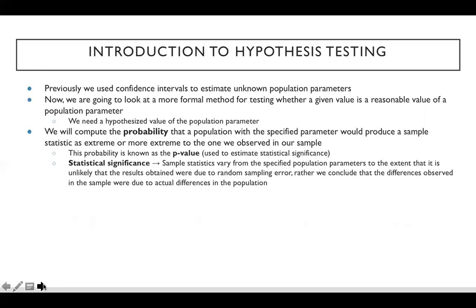In hypothesis testing, we compute the probability that a population with a specified parameter would produce a sample statistic as extreme or more extreme than the one we observed in our sample. This probability is known as the p-value, which we use to estimate statistical significance. Statistical significance is really just stating whether or not the data we observed is due to actual differences in the population.